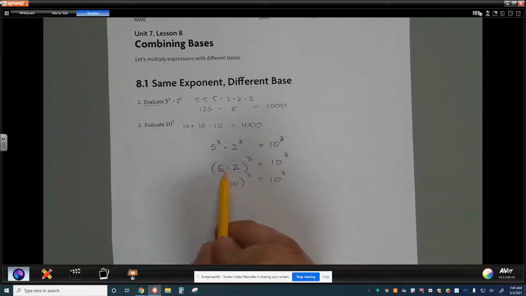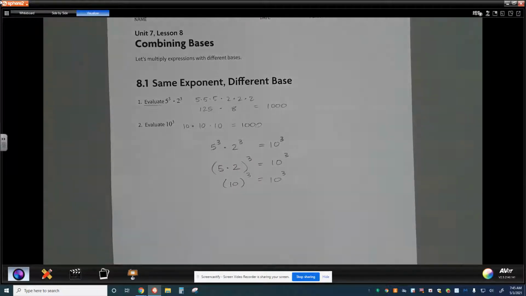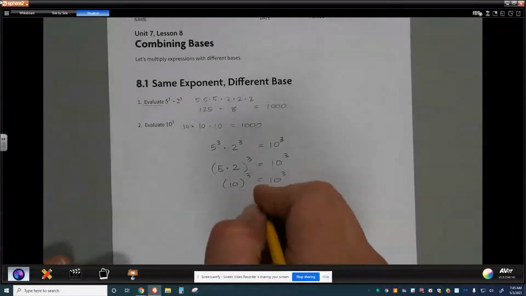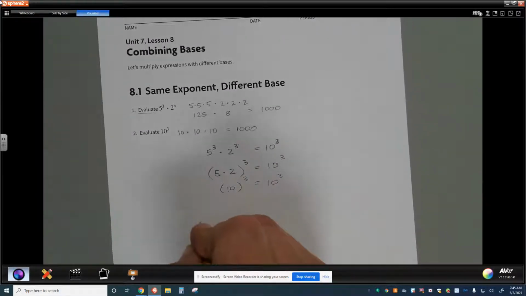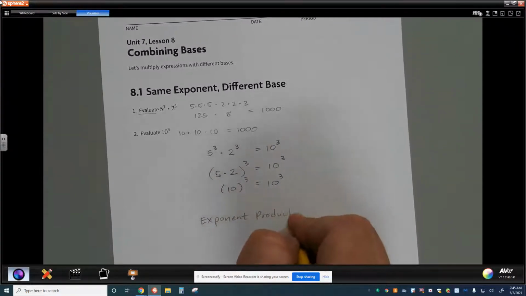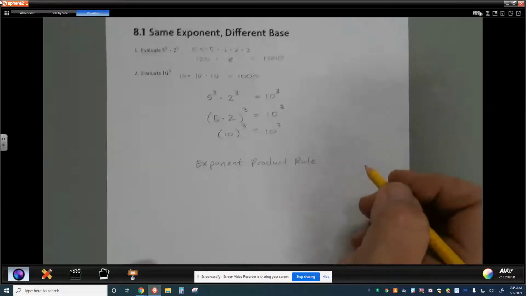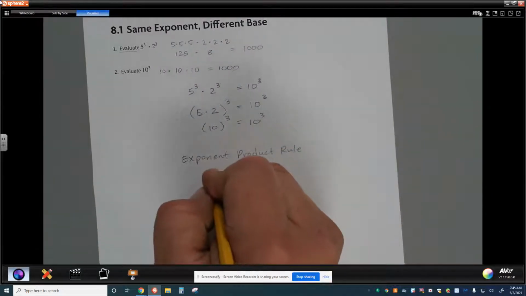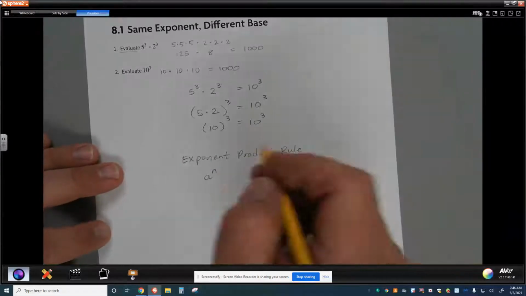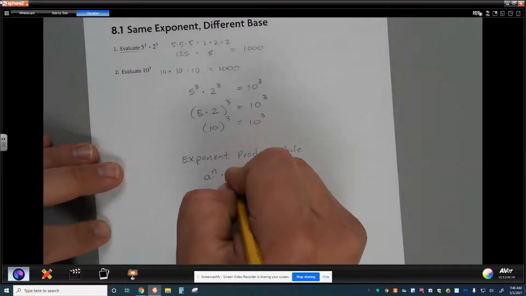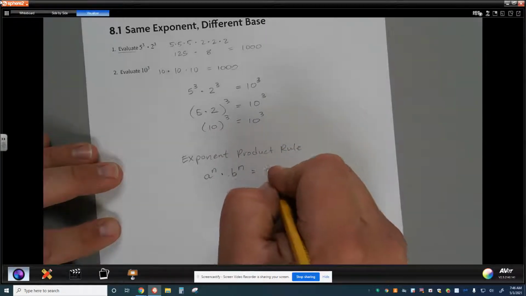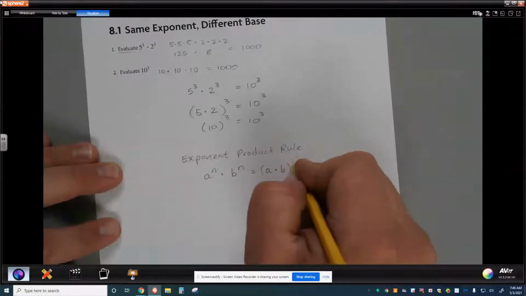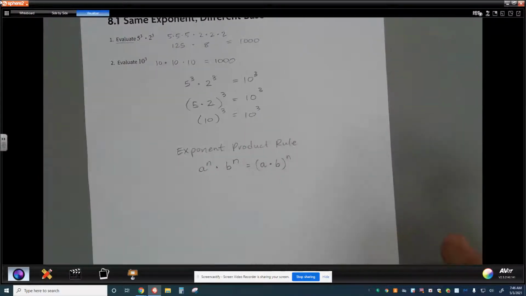So again, power of a product. But there's a more specific rule that goes with this. The name of this rule is called the exponent product rule. The exponent product rule states that any value raised to a power being multiplied by any value raised to the same power can be interpreted as each of those bases being multiplied together and being raised to the same power.